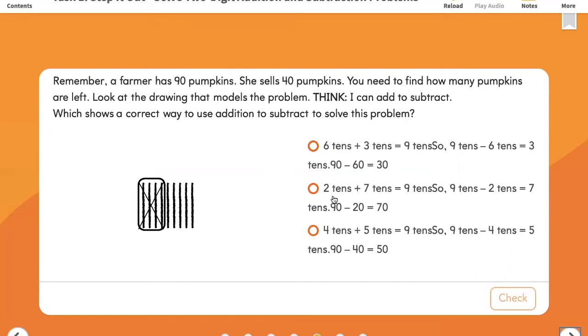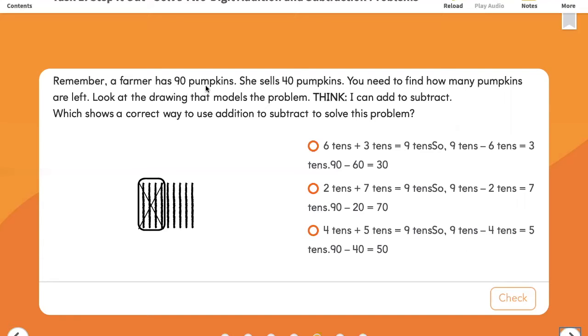Next, we have 2 tens plus 7 tens equals 9 tens. So 9 tens minus 2 tens equals 7 tens. That's the same as 90 minus 20 equals 70. Our last option is 4 tens plus 5 tens equals 9 tens. So 9 tens minus 4 tens equals 5 tens, which is the same as 90 minus 40 equals 50.